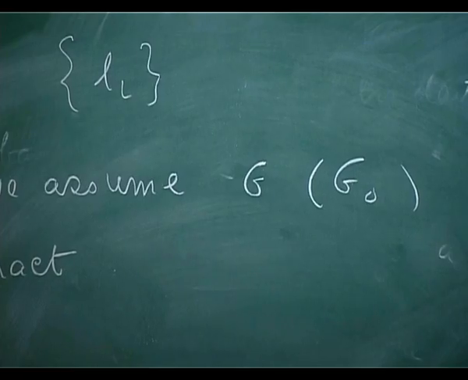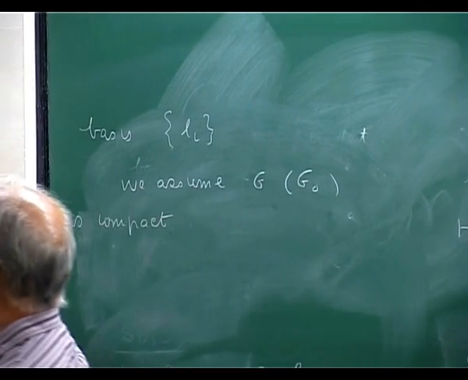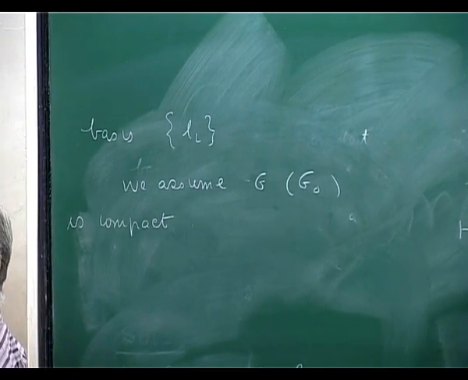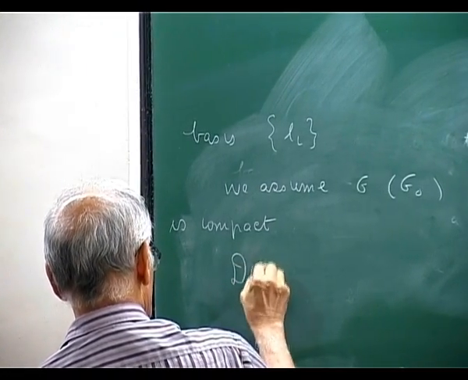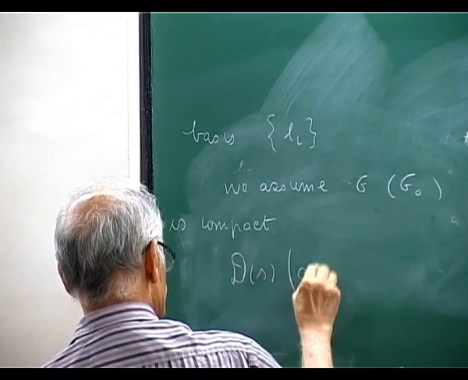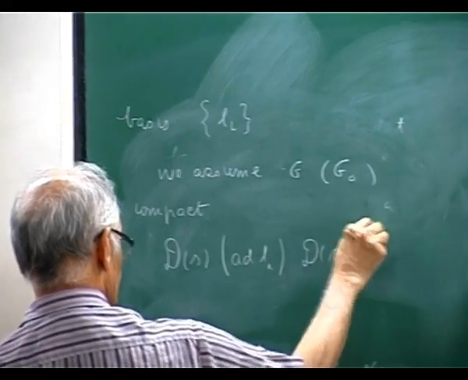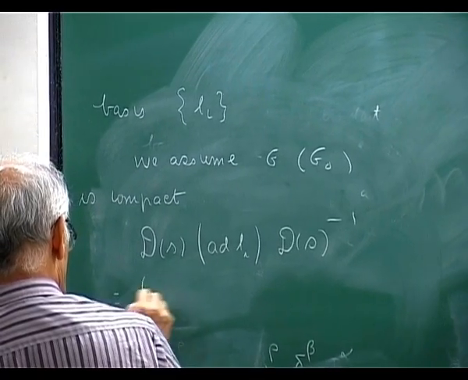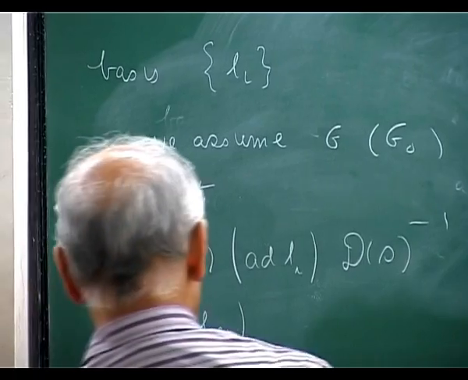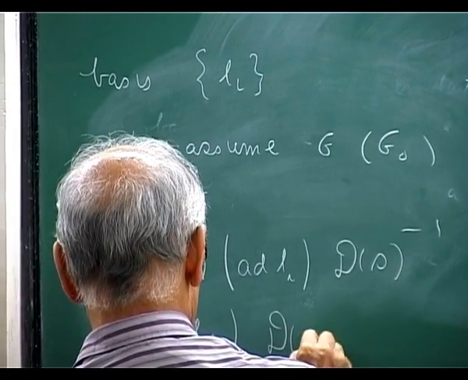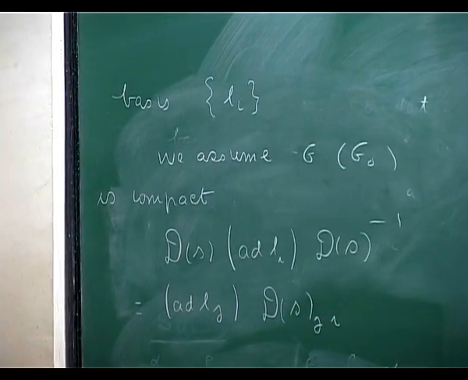Then D(s) is a representation. So what I got is D(s) in the adjoint representation: Ad(s) L_i = L_j D(s)_ji.